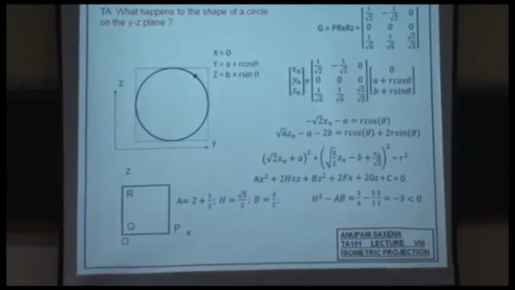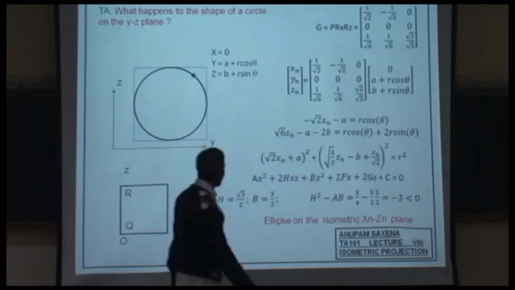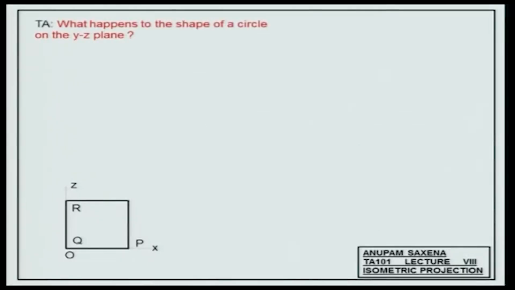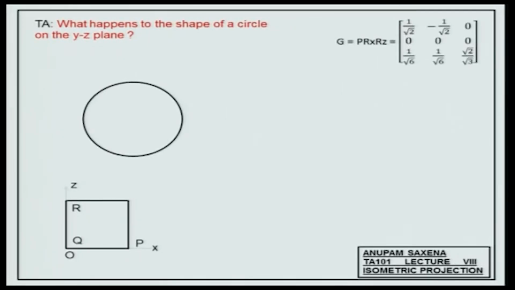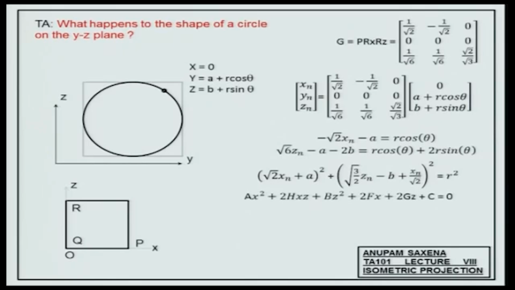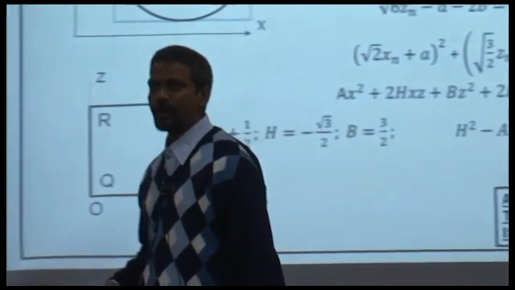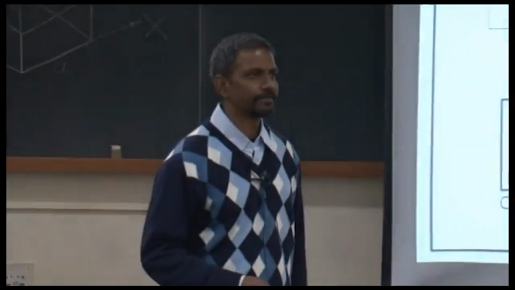In this case, h squared minus ab is equal to minus 3, which is smaller than 0. And the same thing if the circle is on the xz plane. The interesting part is, irrespective of what a is, what b is, what r is, these values remain constant. h squared minus ab remains constant.